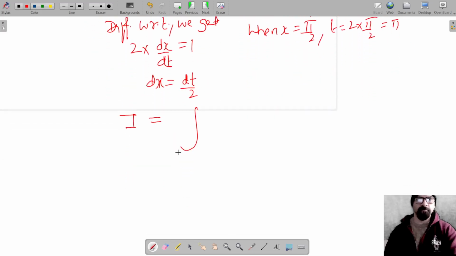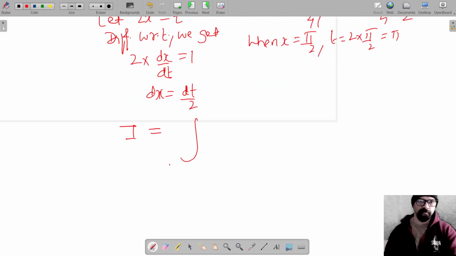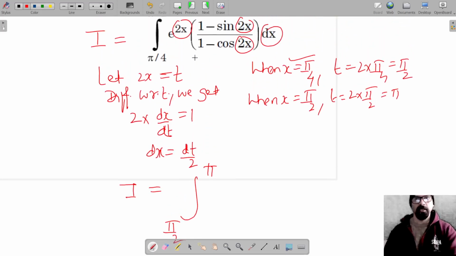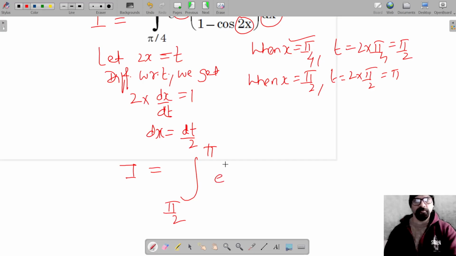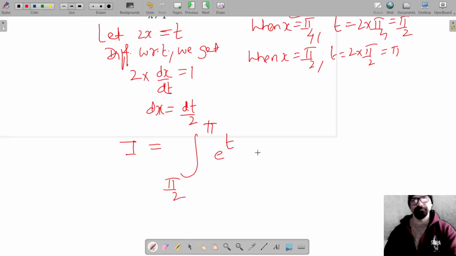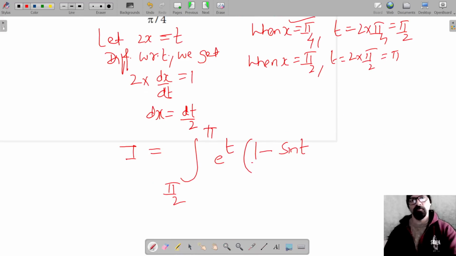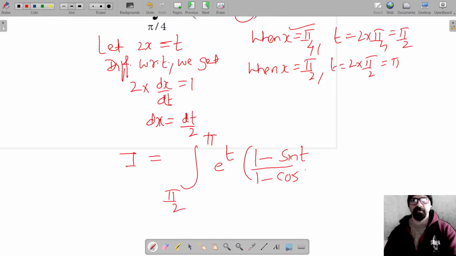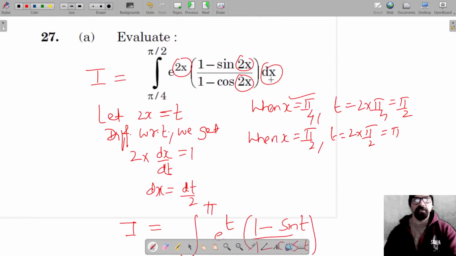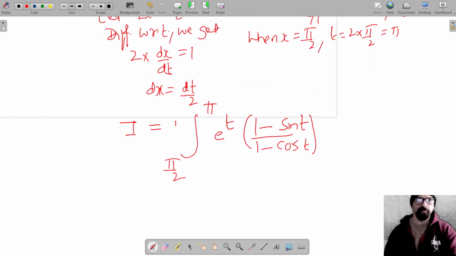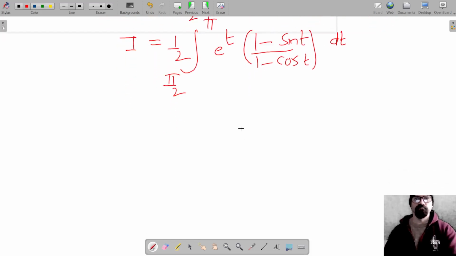Now I is equal to the integration of, so when x is pi by 4, t is pi by 2, and this is pi, and now this becomes e raised power t. Let's make the substitution. This is now 1 minus sine t and 1 minus cos t, and dx is dt by 2, so half is out, and the differential element is now dt.